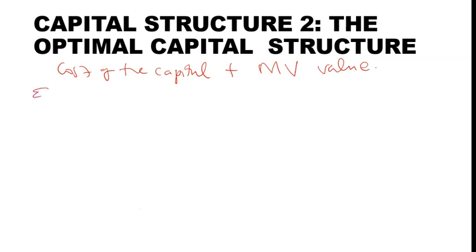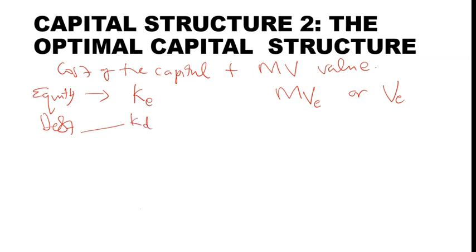For example, in terms of equity, we looked at the cost of capital, that was KE, and we also looked at the market value of equity, that is MVE or simply VE. And then when we looked at debt, of course, there were various forms of debt where we looked at KD irredeemable, and we also calculated the market value of debt.